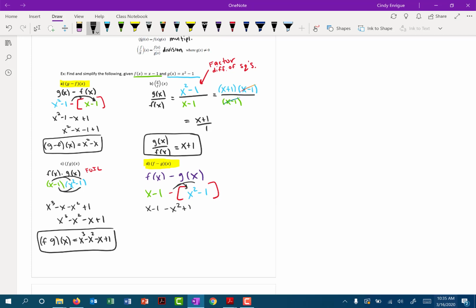So that's a negative, that's a positive. So I have a negative x squared, positive x, negative 1 plus 1. So I know that f minus g with respect to x is equal to a negative x squared plus x. And so that's going to be my final answer for that one.